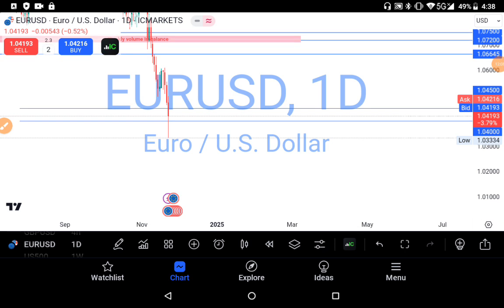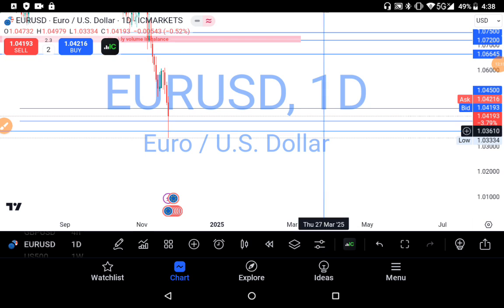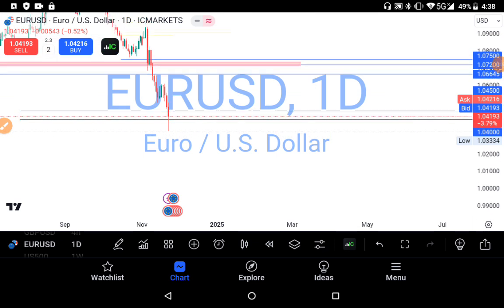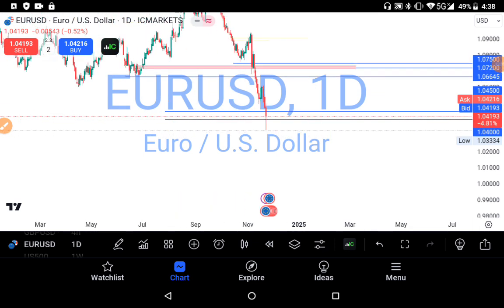I'll be able to bear a retracement into 1.05,000. So 1.05,000 should serve as a resistance for fiber in order to deliver 1.03,000. Am I clear enough?